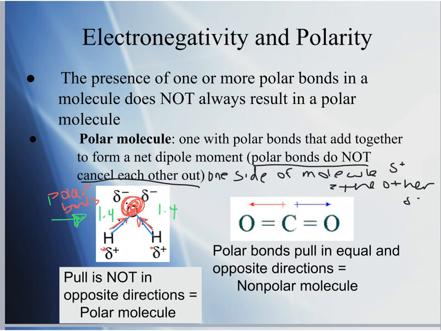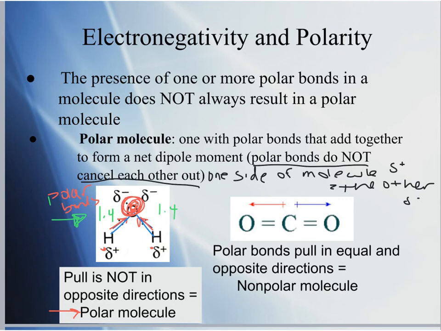Okay, so this means that these polar bonds are all pulling up towards oxygen, so they're not canceling each other out. So therefore, we've got the oxygen side of the molecule that's slightly negative and the hydrogen side of the molecule that's slightly positive. So this ends up being a polar molecule because the pull is not in opposite directions. It's in the same direction. They're both pointing towards oxygen. Okay, so if the polar bonds don't cancel each other out, it is a polar molecule.